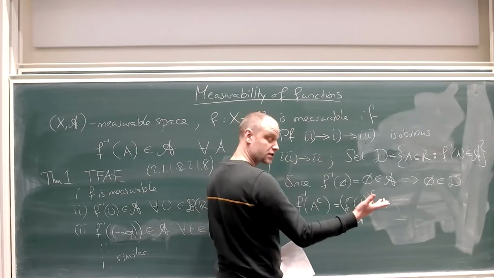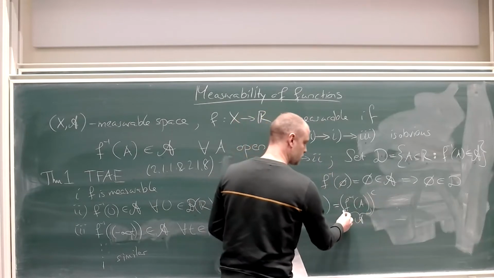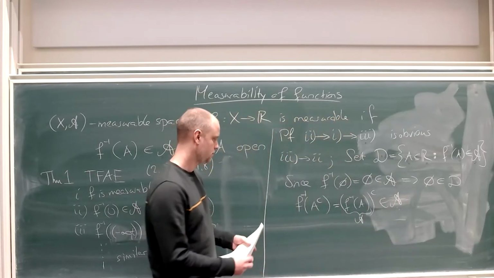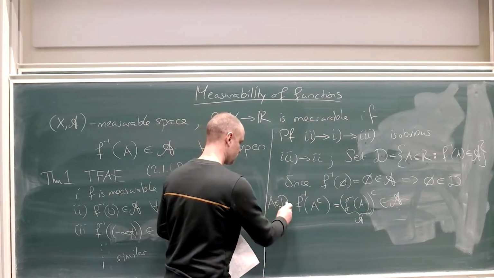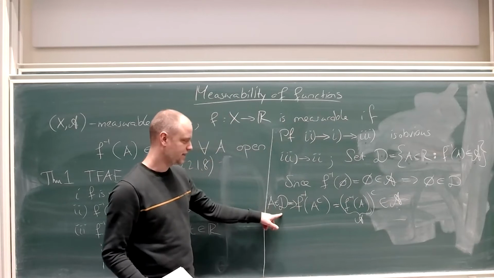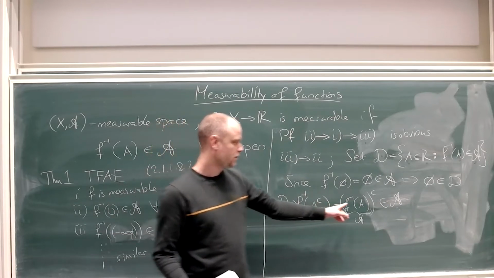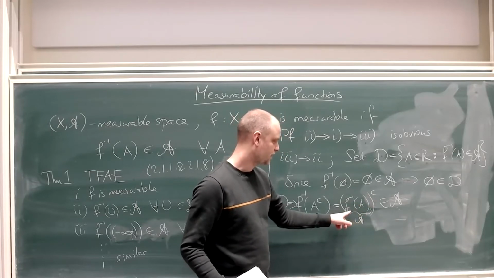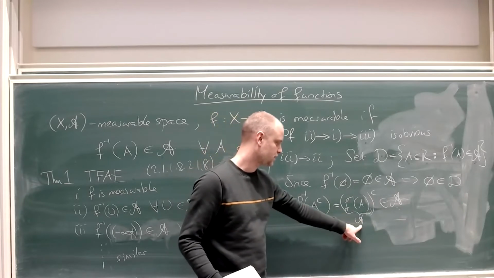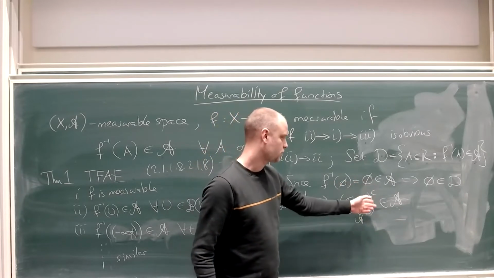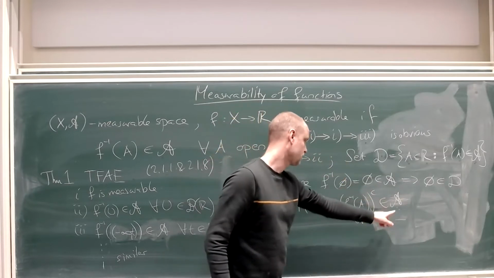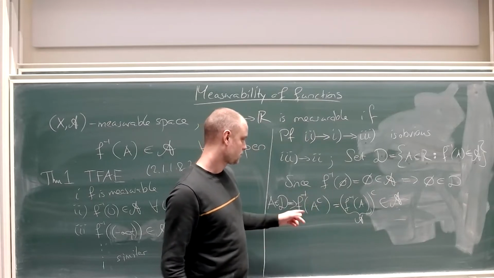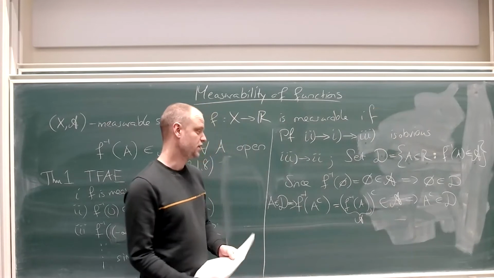Since it is a sigma algebra, you're allowed to take complements, so this whole bigger thing is going to be in A. So if A is in D, we see that this object is the pre-image of A complement. Since A is in D, its pre-image is in the sigma algebra A, and then you're allowed to take complements. So this is in the sigma algebra, and we conclude that the complement is also in D.